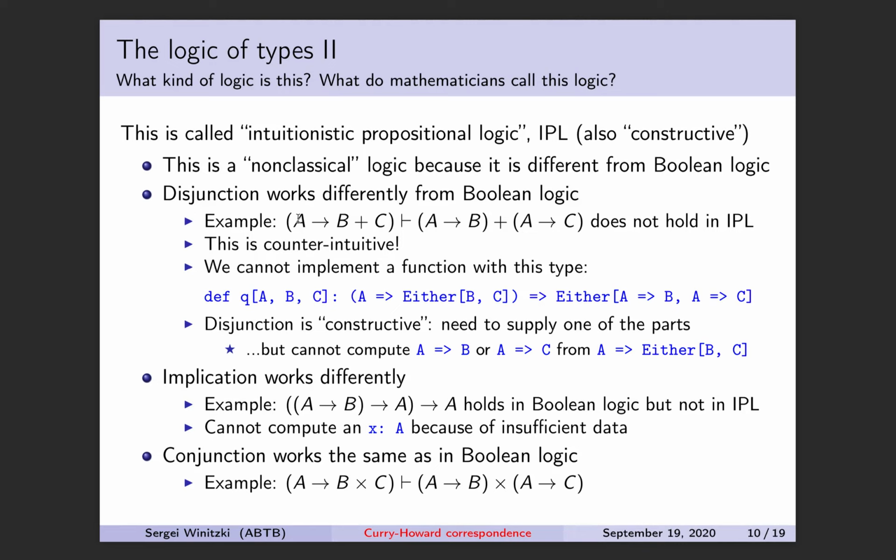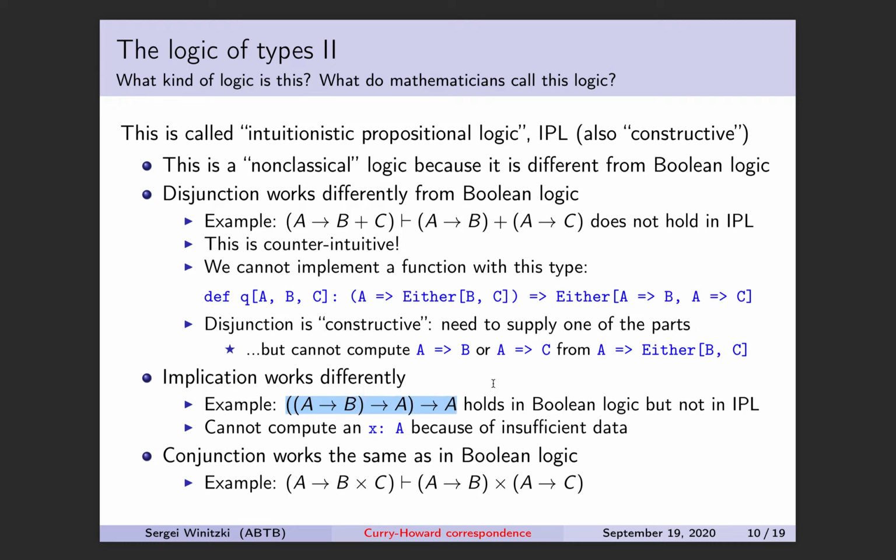And this is counterintuitive. So this is actually true in the Boolean logic. It will be true in classical logic, and it's not true in the constructive logic. So it's not really intuitive. This so-called intuitionistic logic, it's not really intuitive. You need to develop a new logical intuition if you want to understand what is possible to derive in this logic. Implications works differently.